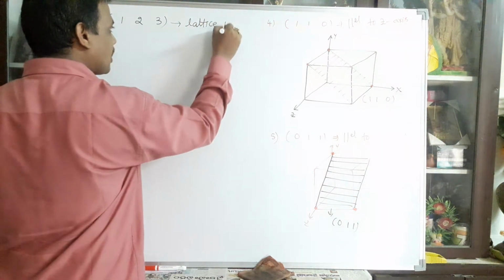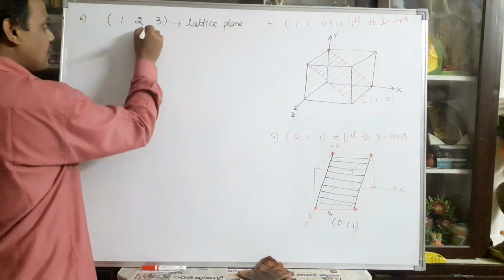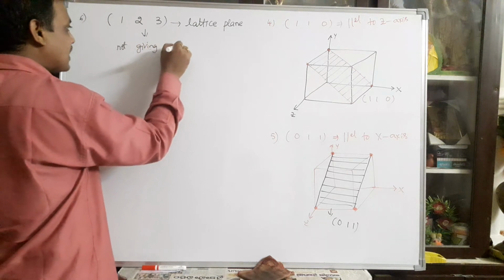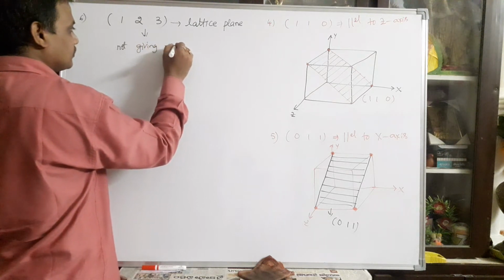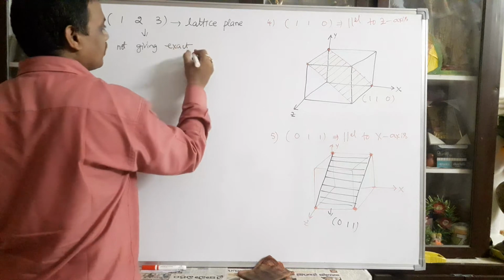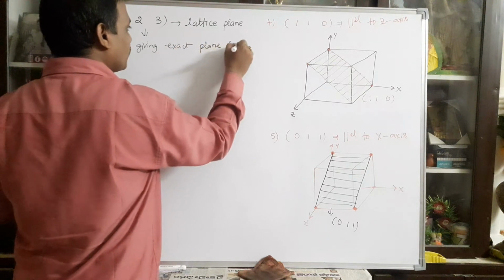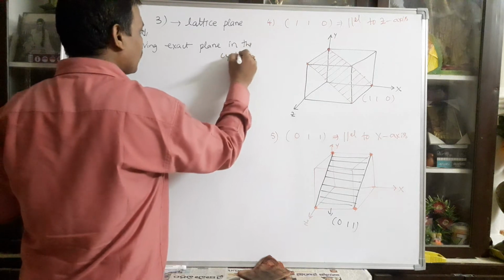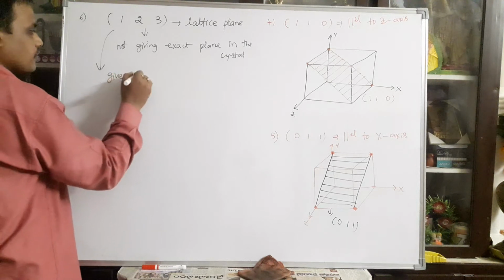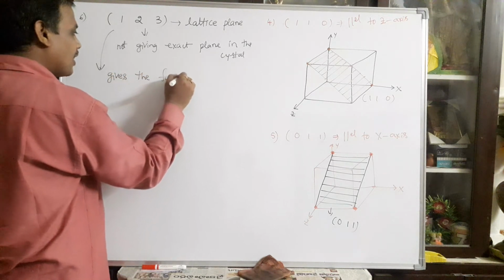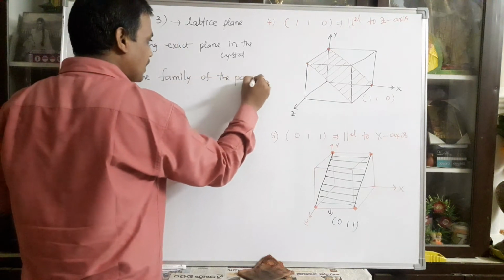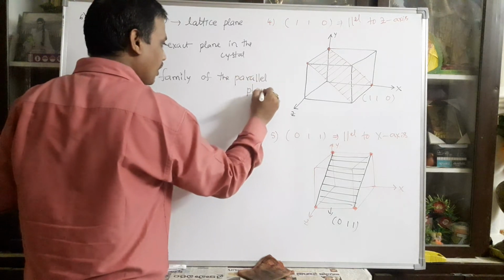Miller indices are not giving the exact plane in the crystal, but this plane gives the family of planes, the family of parallel planes.